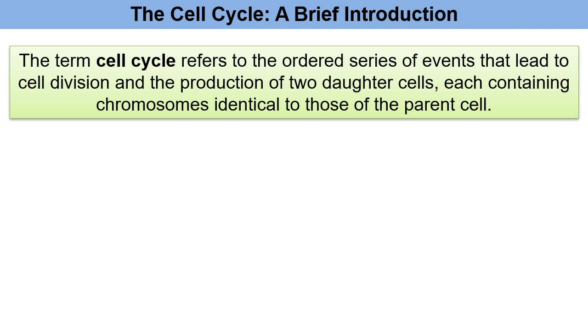The term cell cycle refers to the ordered series of events that ultimately lead to cell division and the production of two daughter cells, each containing chromosomes identical to those of the parent cell. In other words, the cell cycle can be simply defined as the sequence of events required for a single round of cell division.